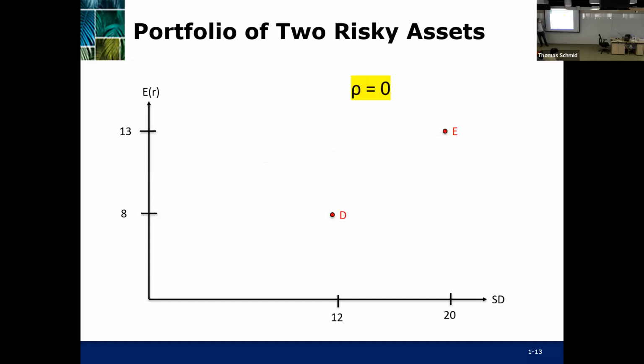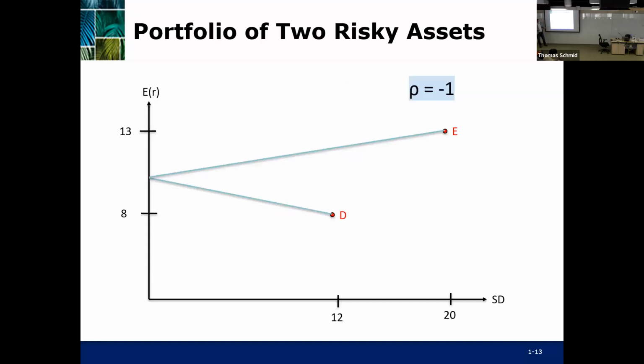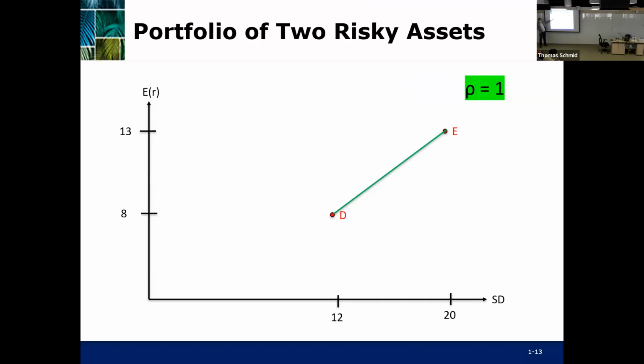And not surprisingly, now we move to the third case of a zero correlation. As before, the result will simply be something between this lying down V shape and the linear relation. So something in between, something like this. Okay?